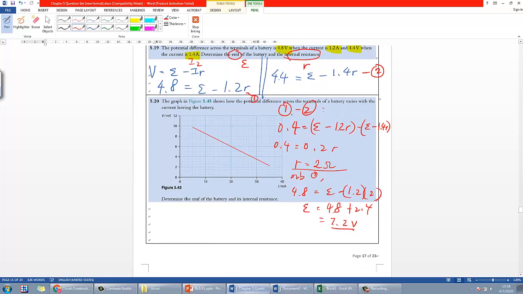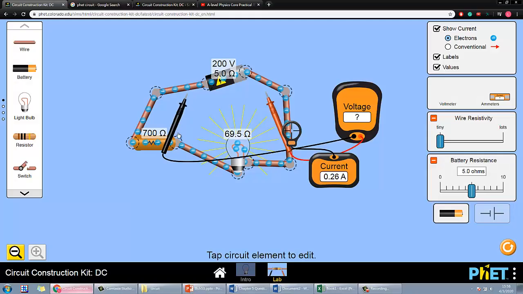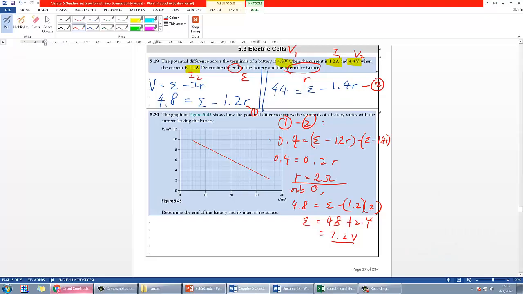This is actually a very good question, where in the next video I'll teach you how to do an experiment, of course using a simulation, because you don't have access to a lab right now. It shows how doing multiple trials can help you find the EMF and also the internal resistance.